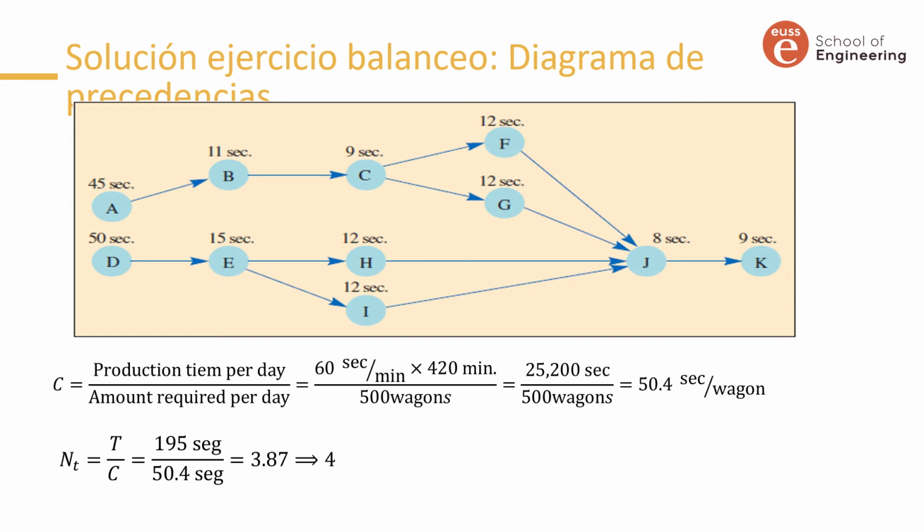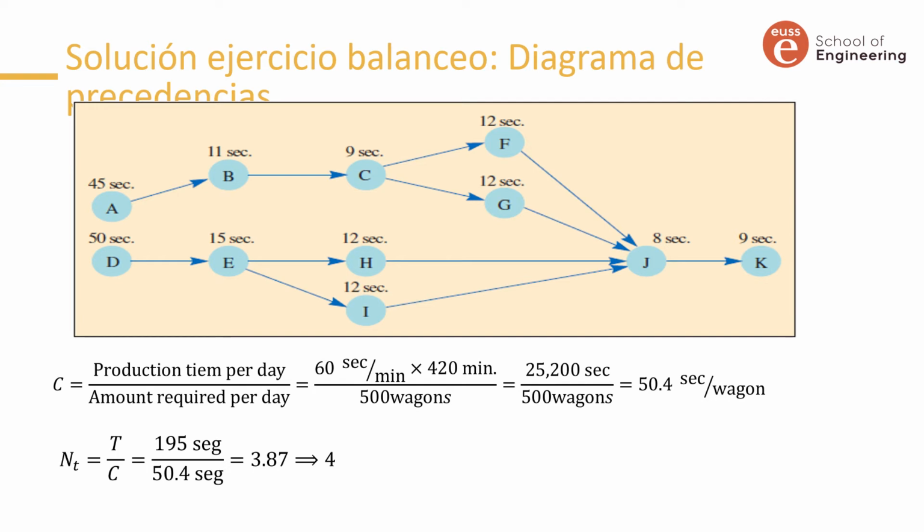So the next step is to define the theoretical number of workstations. As you remember, the total task time that we had in the previous slide, 195 seconds, divided by the cycle time, gives us 3.85. We round it to 4.